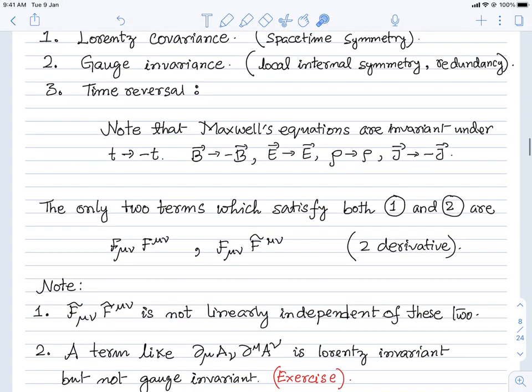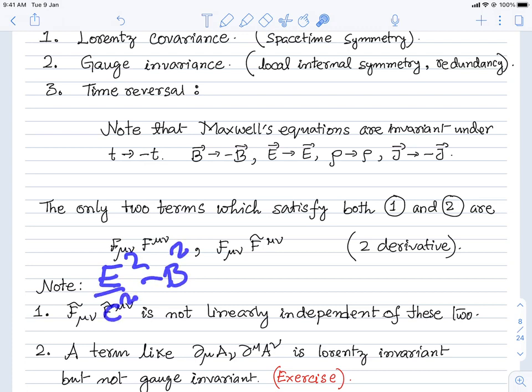You will see that there are only two terms that you can write down. As we have seen, F_{\mu\nu}F^{\mu\nu} and F_{\mu\nu}\tilde{F}^{\mu\nu} are of course gauge invariant because they are written completely in terms of F. Also, they are Lorentz invariant because the indices are contracted, and we know that this term is proportional to E squared minus B squared.